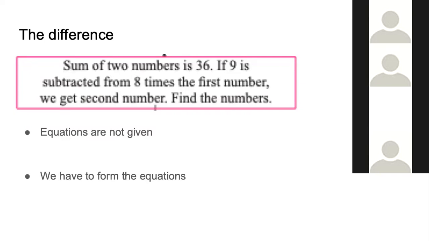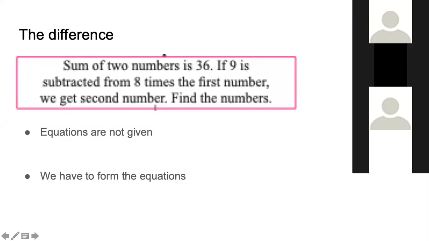In the questions that we solved earlier this year in this chapter in practice set 1.1, 1.2, 1.3, and 1.4, the equations were given. So we did not have to make the equations. They were there. Now the equations are not given. So this is the only new step.